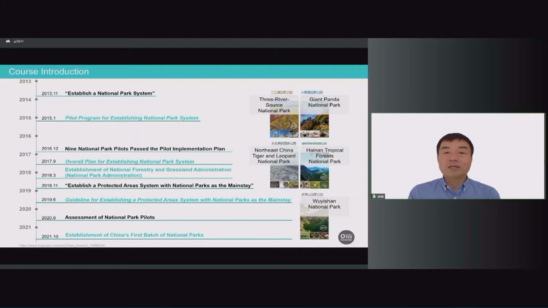So it's a huge work that maybe in the future the national parks will cover 10% of the whole country, and the protected area system will cover 18% of the whole country. You will get more information from this lecture. Professor Zhao Zicong will introduce how China builds a national park and protected area system.